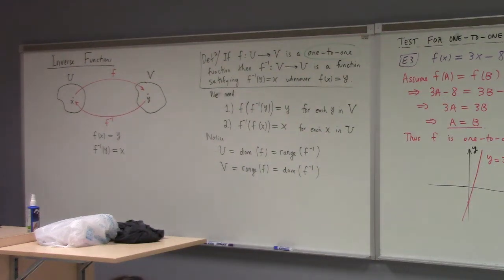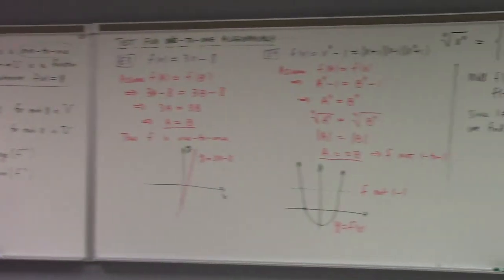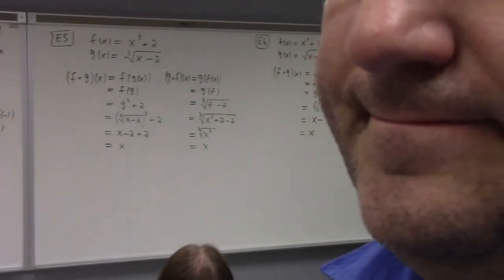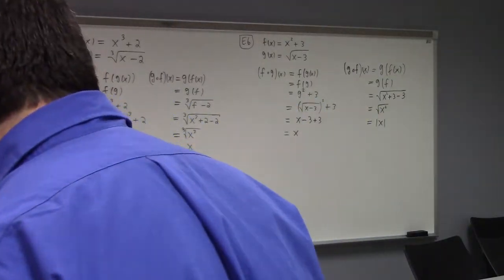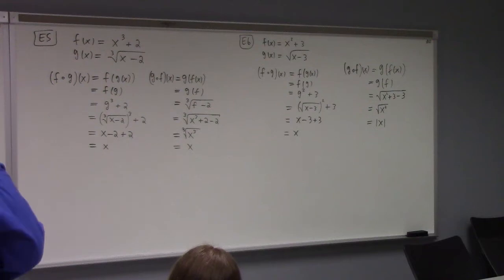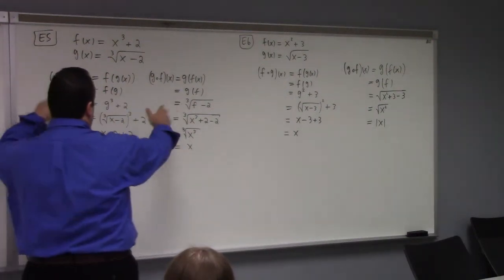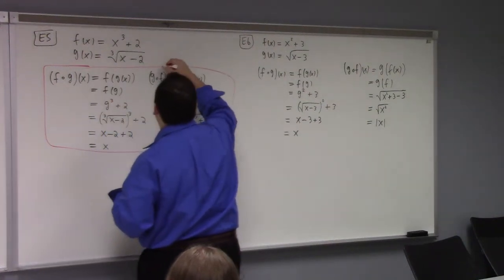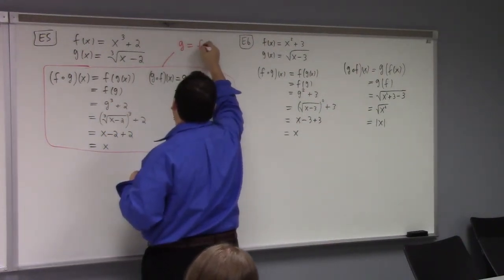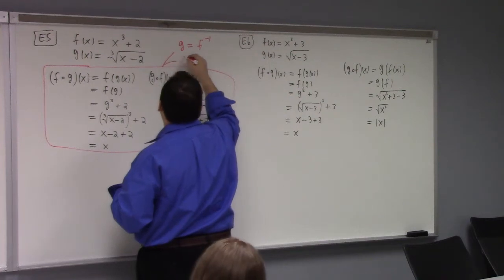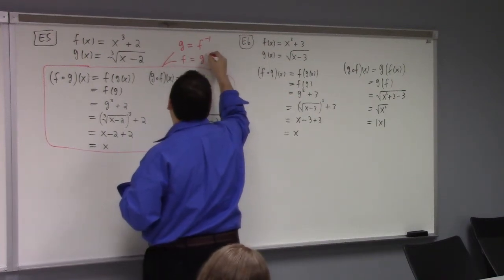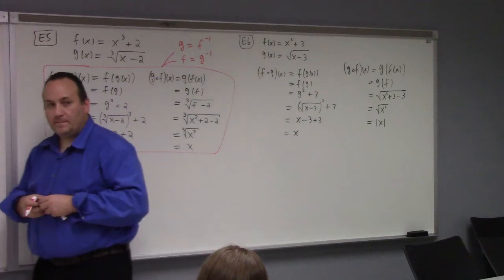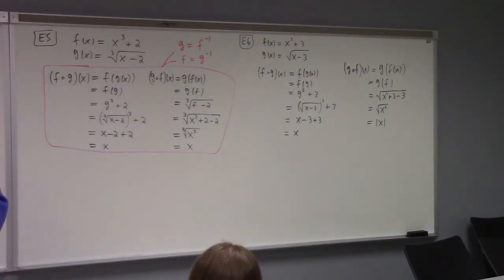They're satisfying the two equations which we need for it to be an inverse function. So these two calculations tell me that G is equal to F inverse. And also you get that F is equal to G inverse, if you want to look at it that way. If two functions are inverses, then they're inverses for each other.